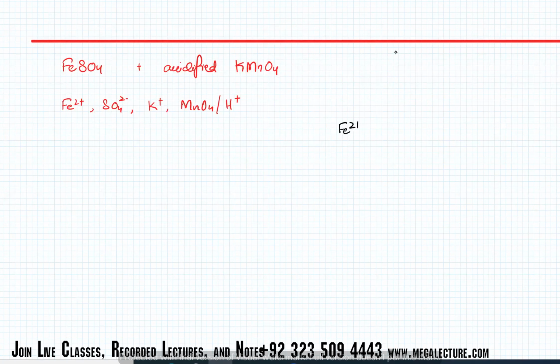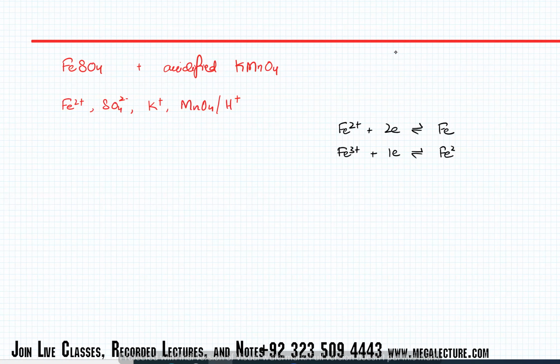So I've got Fe2+. There are two equations. If you have the data booklet in front of you, just open it. There are two reactions for Fe2+. One, it's turning into Fe3+. Sorry, Fe. The other one is Fe3+ gaining 1 electron, and it's turning into Fe2+.